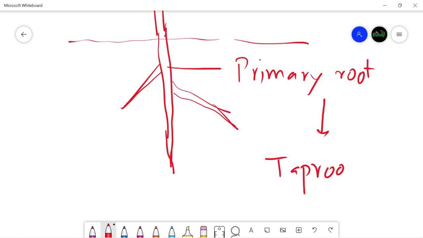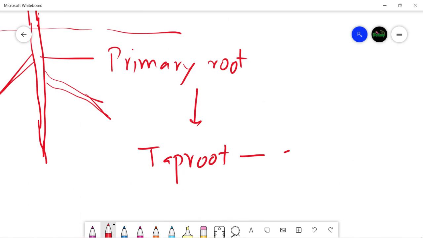They are mostly used interchangeably. So taproot is the primary root or primary root is the taproot. The first formed root, the root that is formed from the radicle of the seed, is the primary root. And then the primary root with all its branches forms what we call the taproot system.